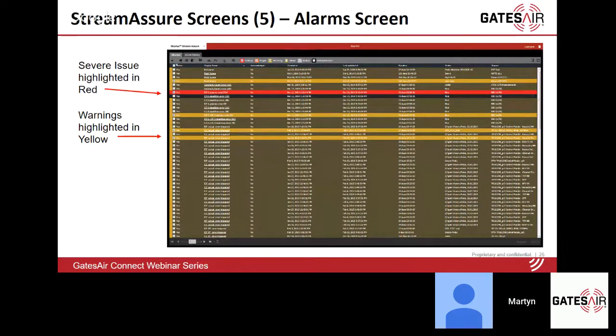It's actually just an alarm screen. You can see various levels of alarms shown where normal types of status are not colored in at all. A warning will be yellow, and a severe issue can be highlighted in red, or as you want to do that. And all of the dates and times are stamped in here when the fault occurred, when it cleared, or if it's still ongoing, and what the fault status is and what type of fault it is, and so forth.